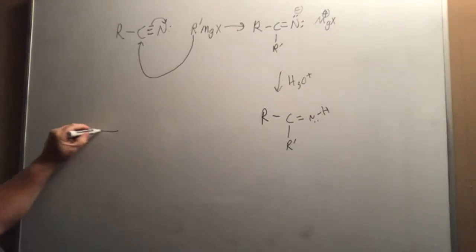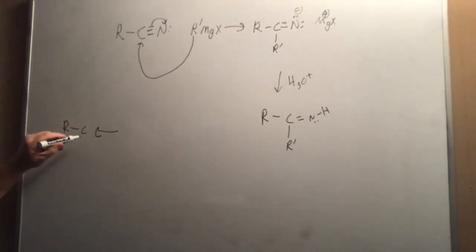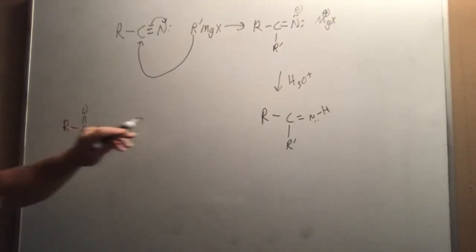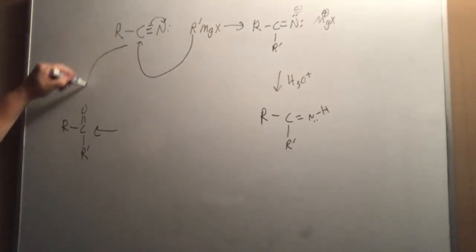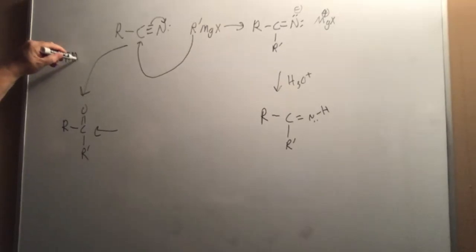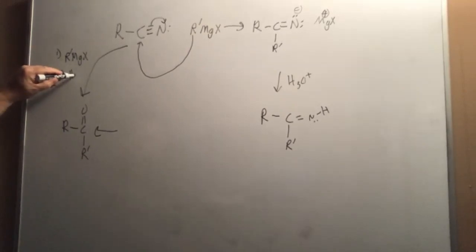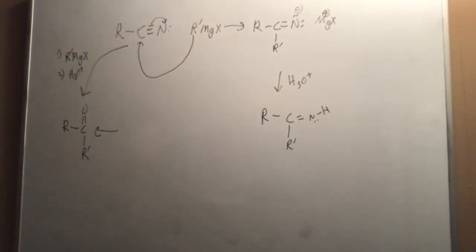Somewhere over here, the N double bond H gets changed to a C double bond O. So the overall result is that if you take a nitrile and add a Grignard reagent in step 1, followed by protonation in step 2, this becomes this.